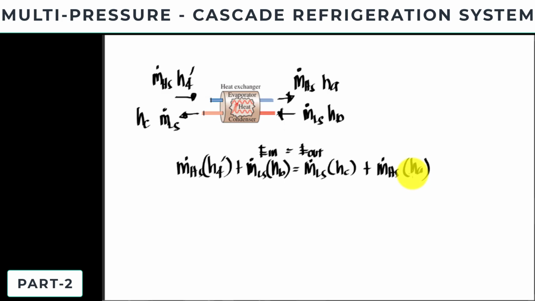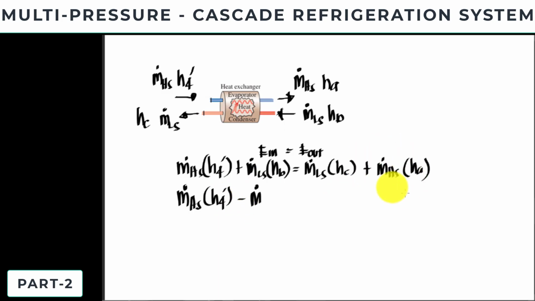Now, let's combine lahat ng may mass flow rate which has coefficient na magpapare-pareho, no? Yung same. So, katulad nito, we have the mass flow rate. Let's try to combine lahat ng high stage. So, we have mass flow rate, the high stage times the enthalpy 4 prime. So, minus, lipat natin yon.